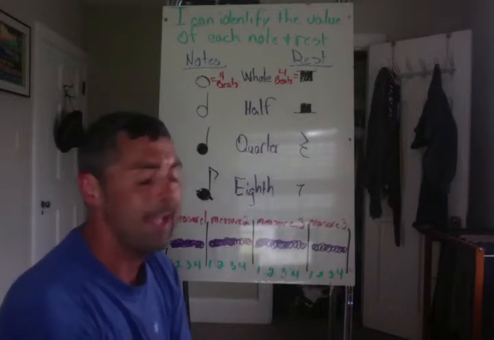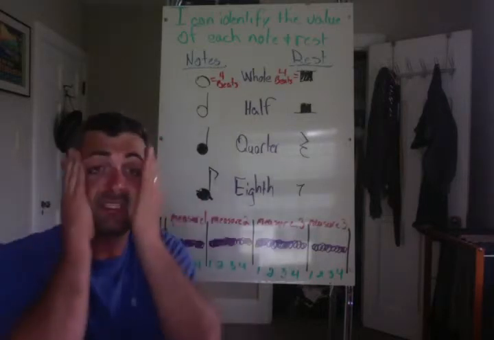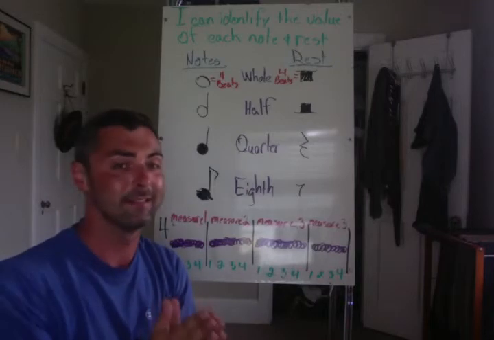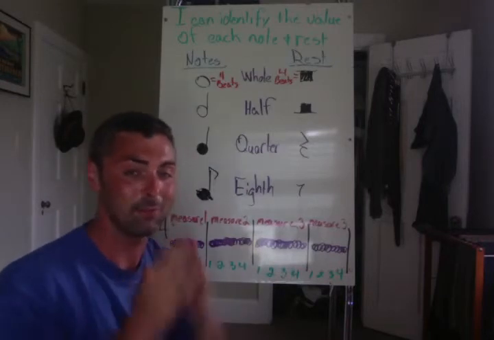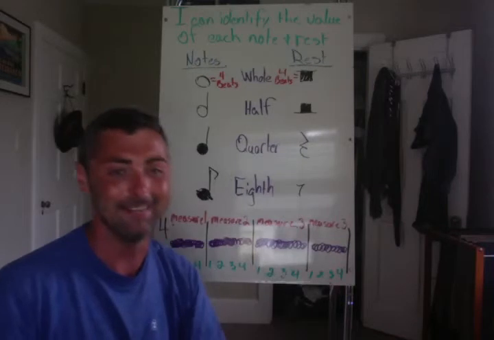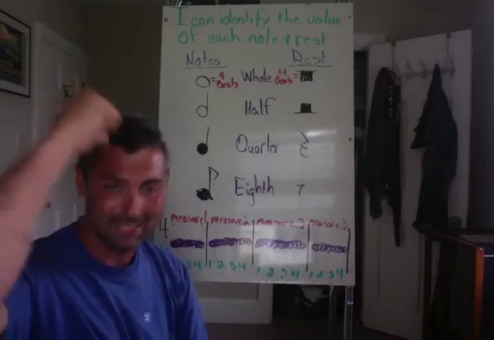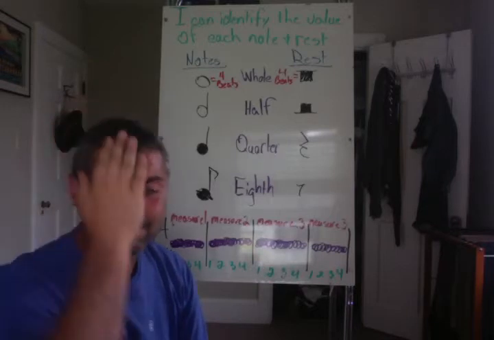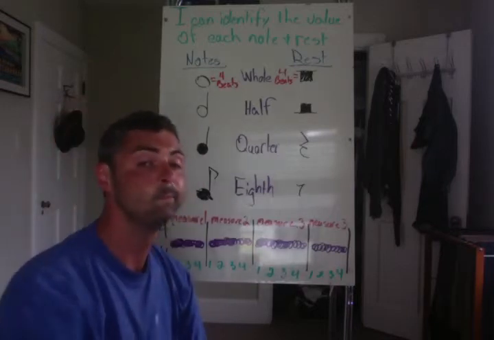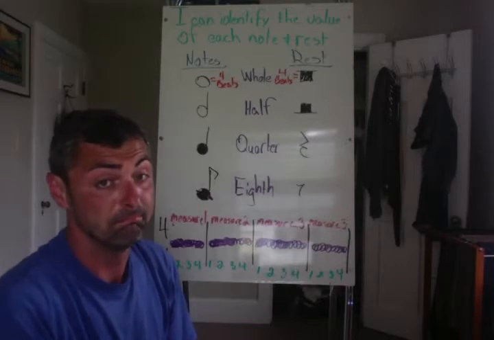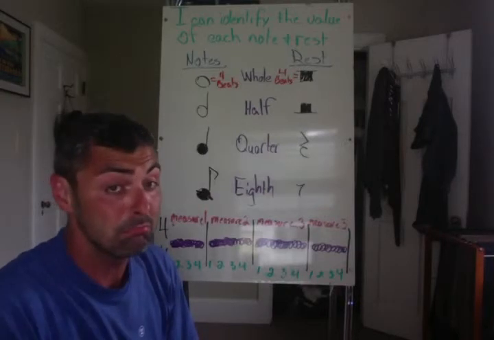Now, on to the half note. Common sense. I love common sense. Alright? I'm not that smart, but I got a little bit of common sense most of the time. But a half note. Why would it be called a half note? Because it's half of a whole note?